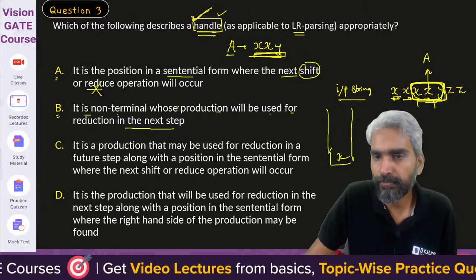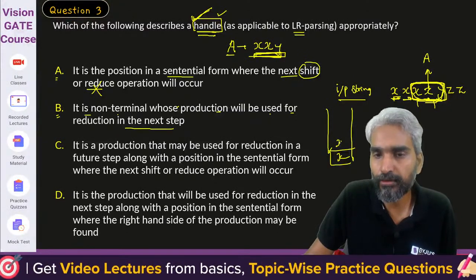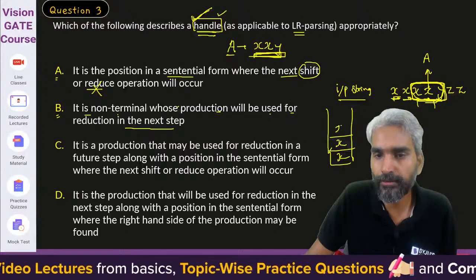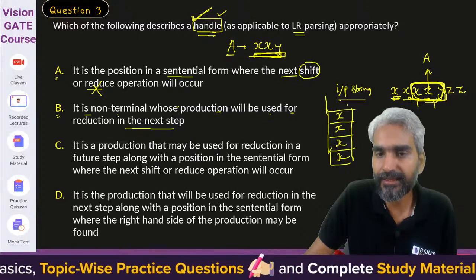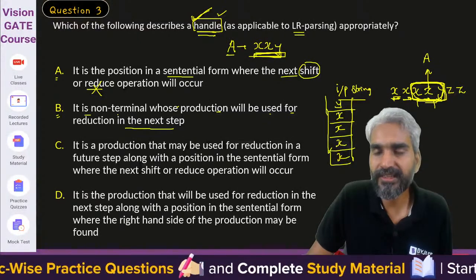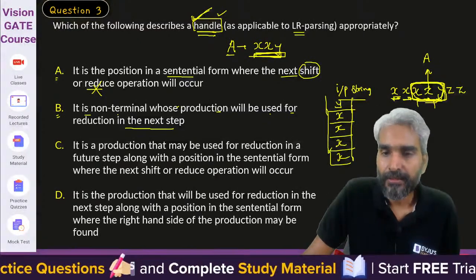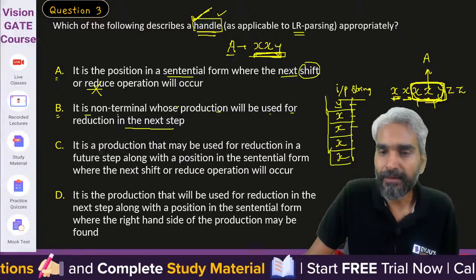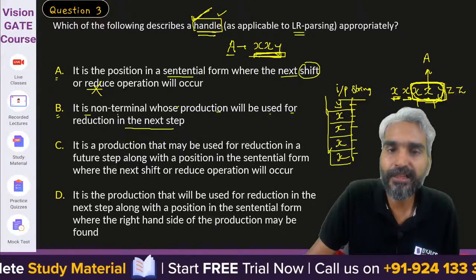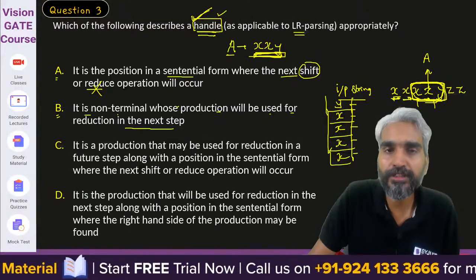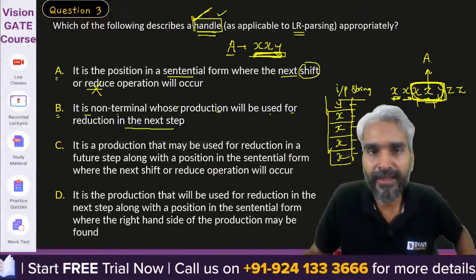First of all, you will push this x into the stack, then another x, then another x, then another x, then you will push y into the stack. So basically, this is the viable prefix. If any substring of this viable prefix matches with the complete right hand side of the production, then that will be a handle.